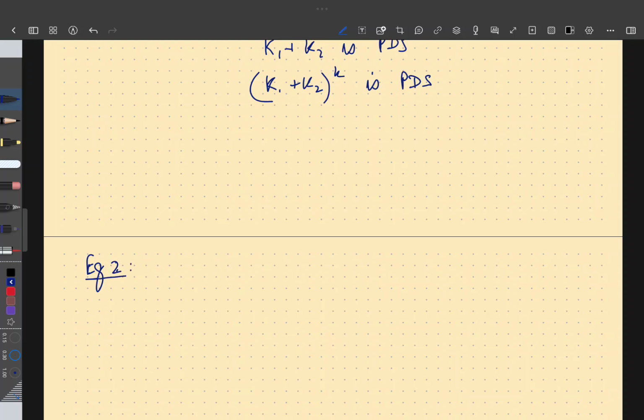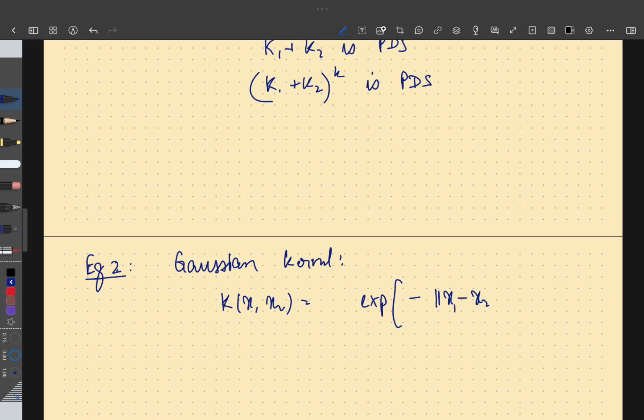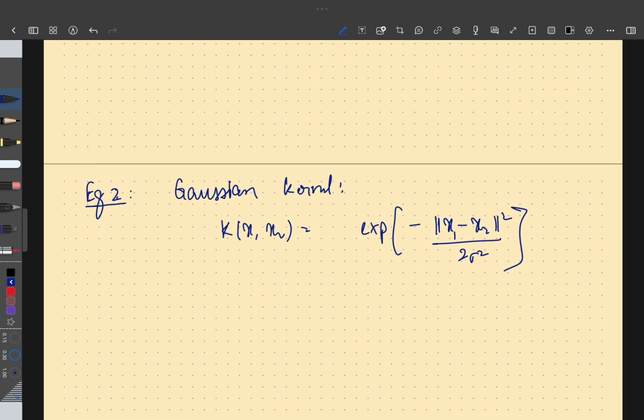Now let's take the Gaussian kernel. K(x1, x2) is e to the power minus norm of x1 minus x2 squared by 2 sigma squared. How would you approach this?